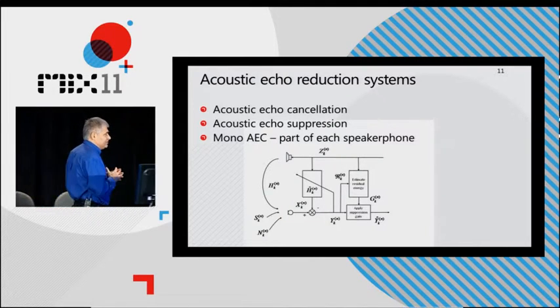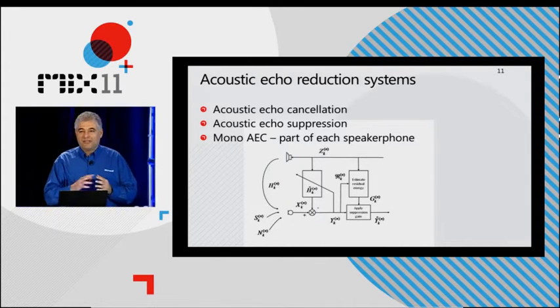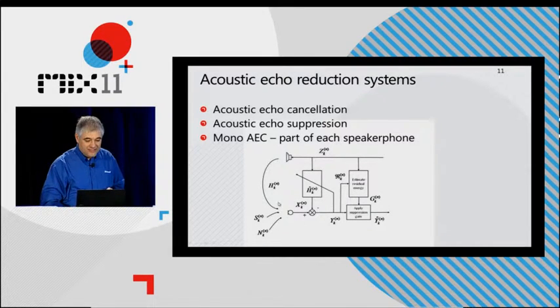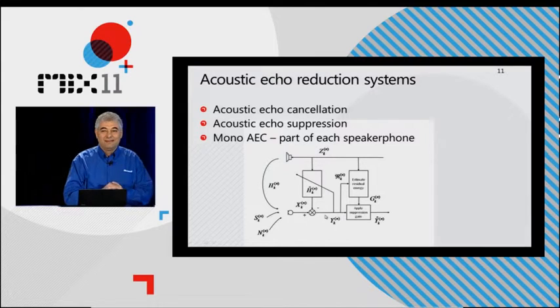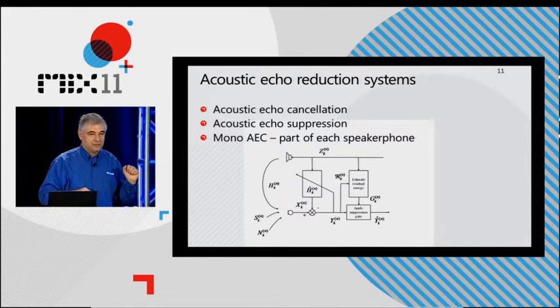So the idea is the following. If we can estimate what portion of the loudspeaker signal is captured by the microphone, this is capital H here, and then filter the loudspeaker signal with the same function and subtract it, technically right here on the output we will have just the local sounds, the noise, and the local speech.